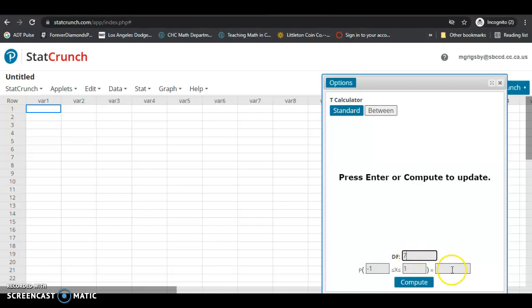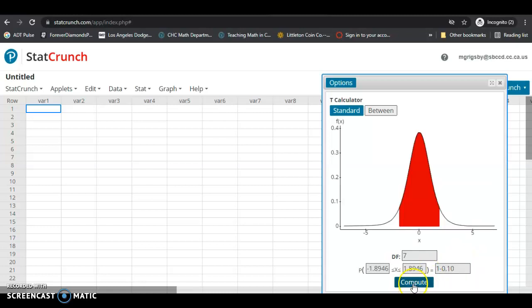To get the appropriate critical values, we're going to put 1 minus 0.10. So it's going to be 1 minus the significance level. Remember there are two critical values, one negative, one positive, and they're both essentially the same number.